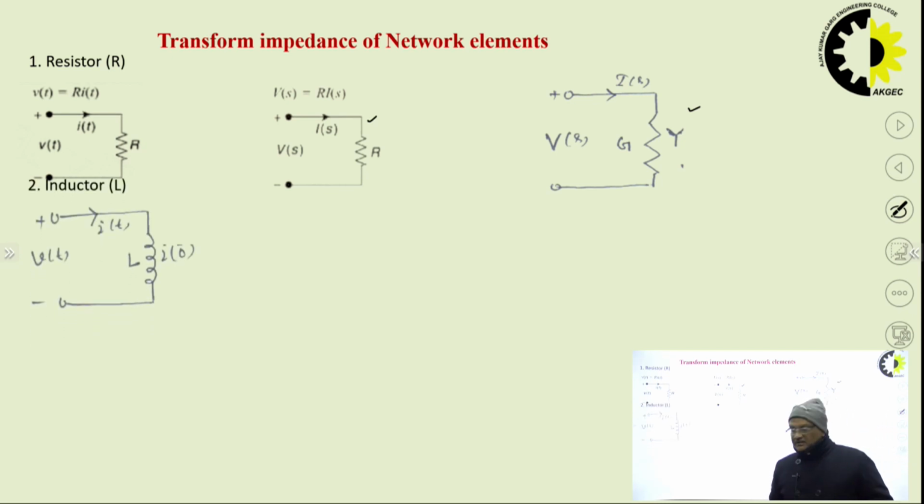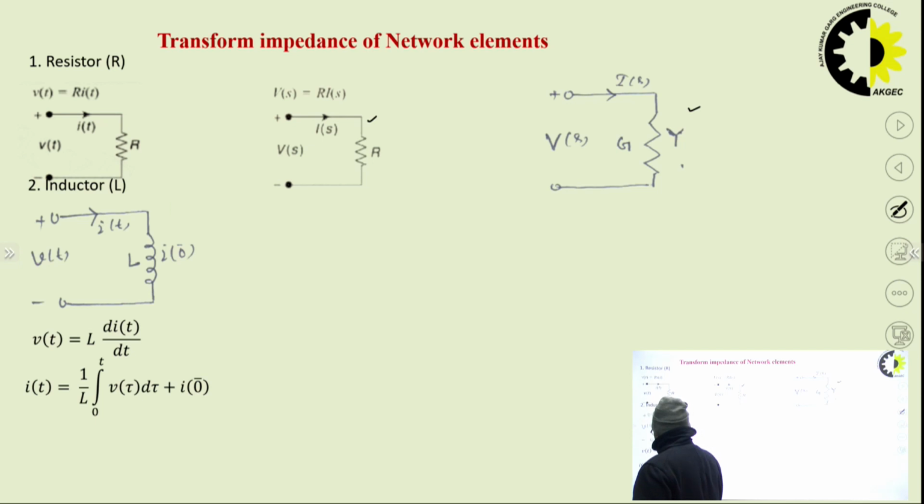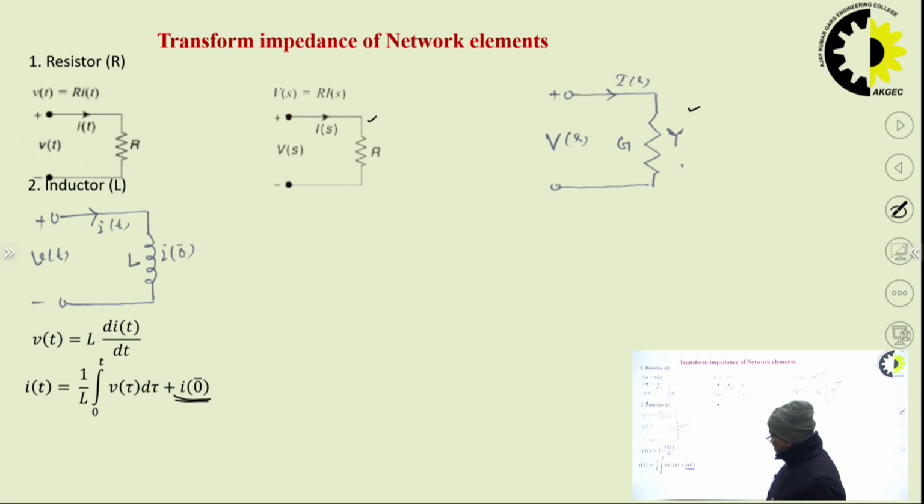For the inductor, this is the inductor in time domain, and we can write simple equations. The voltage across the inductor is v(t) equal to L di by dt. The expression for the current is i(t) equal to 1 by L times the integral from 0 to t of v(tau) d tau, plus some initial current through the inductor, I0 minus.